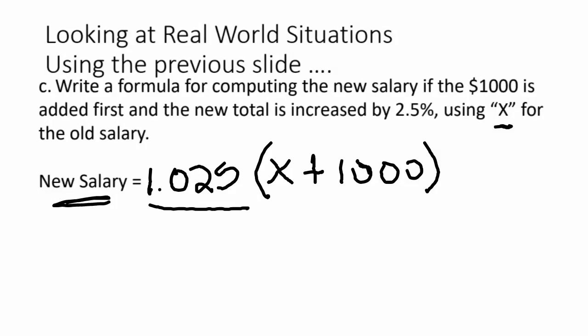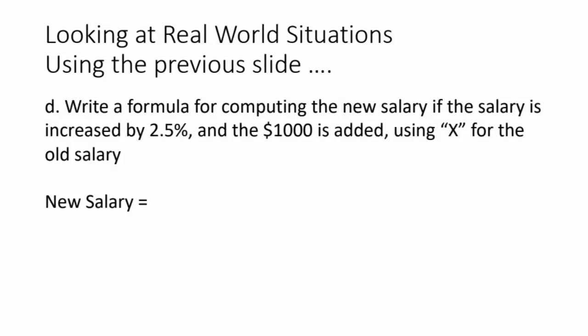Now, watch how this changes. Write the formula for computing the new salary if the salary is first increased. Okay, first increased by the percent. Well, remember what we did?